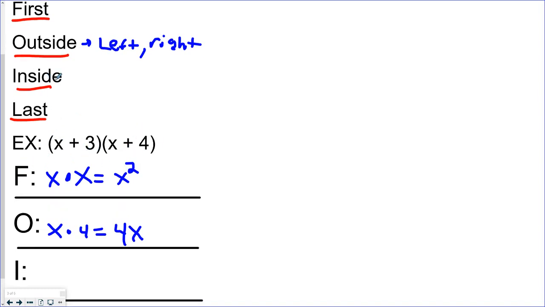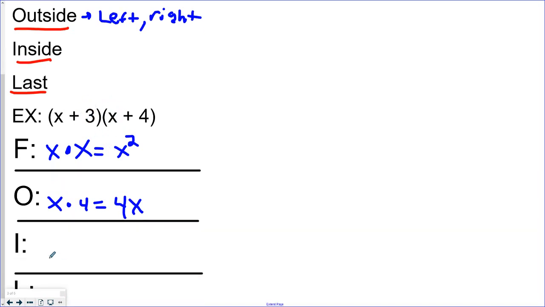The inside, as you can probably guess, is the opposite. So the inside is the innermost numbers. So in this case, I have 3 and x. Those are the inside numbers compared to x and 4. So I'd have 3 times x is 3x.